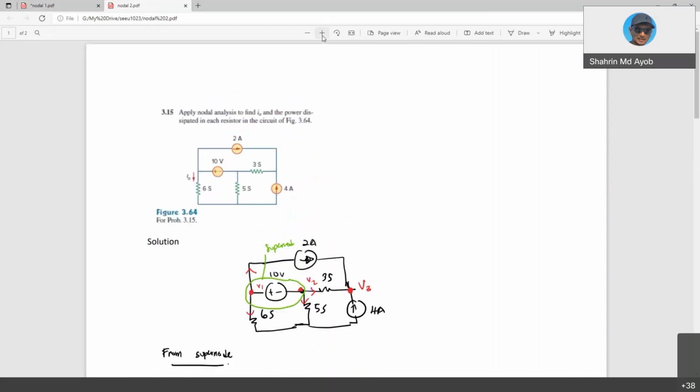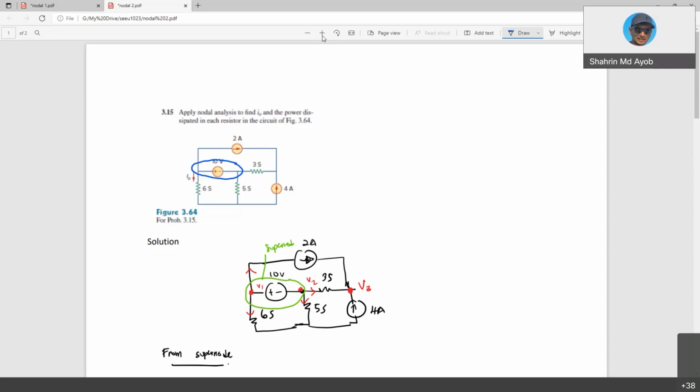Apply nodal analysis to find Io and the power dissipated in each resistor. As you can see here, you have a voltage source that is connected between non-reference nodes, so you need to consider this as a supernode.